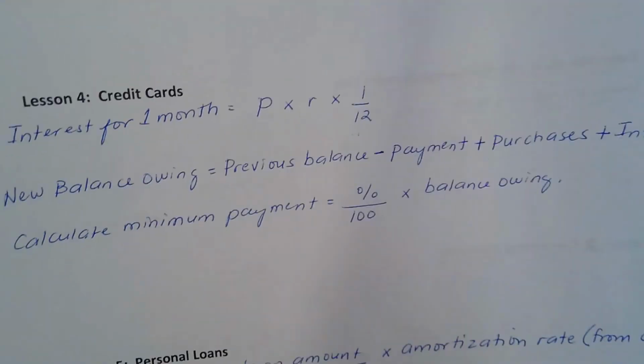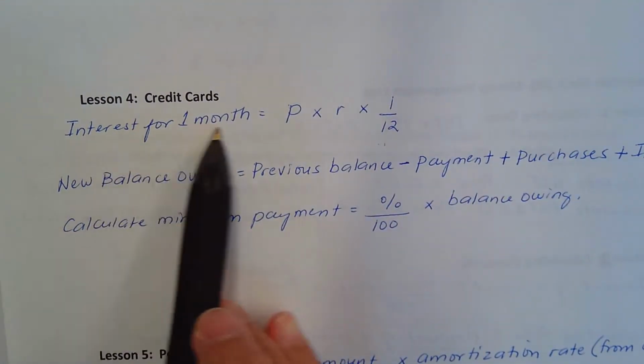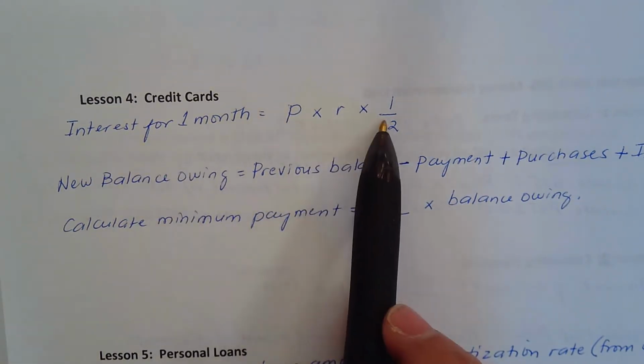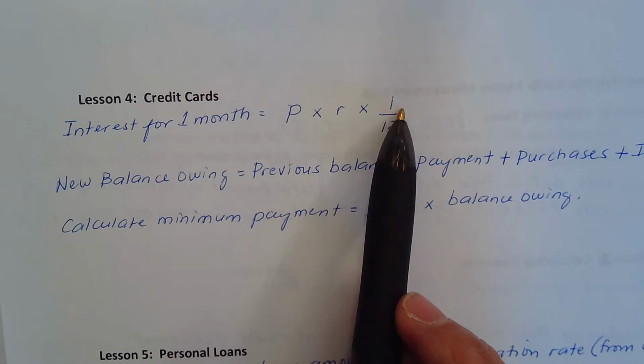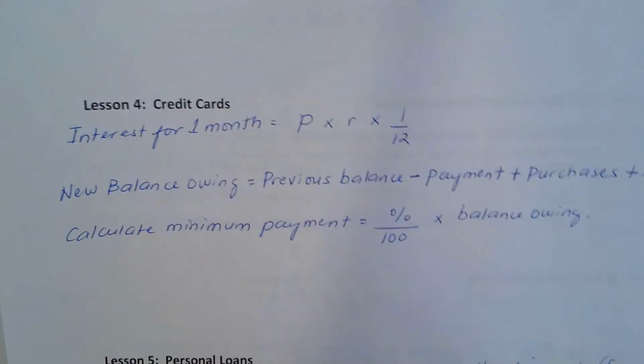So when you look at your formula sheet, how much is the interest for 1 month? Got the P times R times the T. The T is the time. Time in 1 month. So because it's 1 month, it's going to be 1 out of the 12 months.